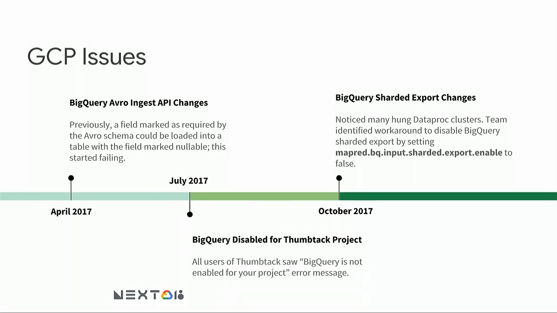One of these was, for example, the nullability of Avro fields and nullability of BigQuery fields. The requirements were made strict that they should match, which wasn't the case before. And we were freely using strict fields and mapping them to nullable fields in BigQuery, so that broke everything. The other thing was, again, some sharding changes where we had to set a particular variable.